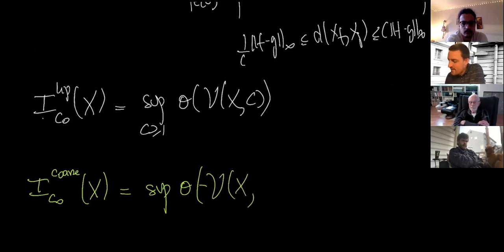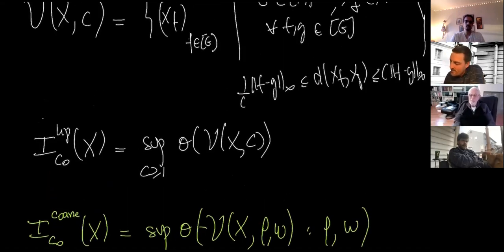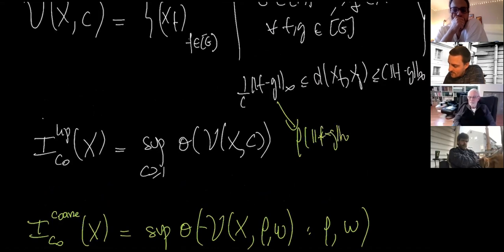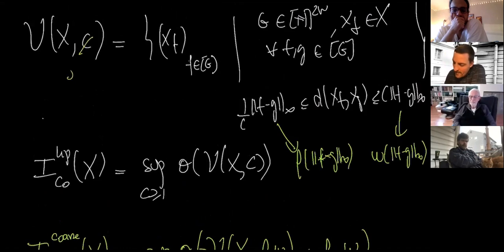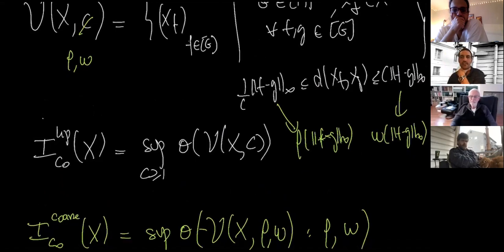But now the vine does not have one parameter C, it has two parameters, which are the control functions in the coarse setting. So this condition becomes rho of the norm of f minus g infinity, and this condition becomes omega of the norm of f minus g. Instead of C you would have rho and omega. That's the only difference in the coarse vine.